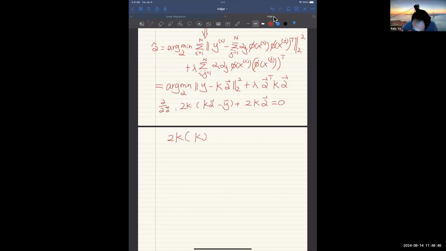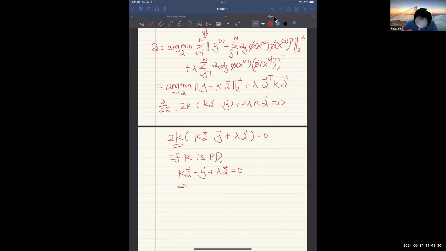This is K alpha minus y plus, oh, I missed lambda here, lambda alpha, equal to 0. Because K is positive, and if K is positive definite, I only need to solve for the inside being equal to 0.